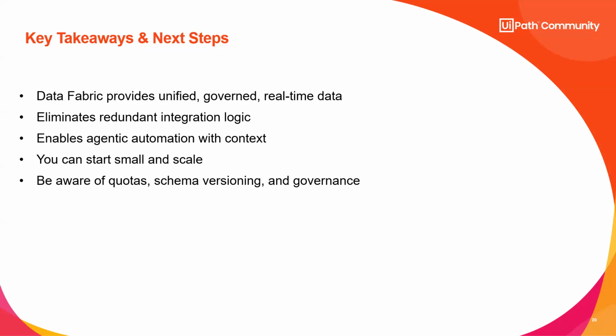So we can define entities, build relationships, and use triggers to launch automations in real time. So we get a single source of truth, event-driven workflows, strong governance, and seamless integration across departments.